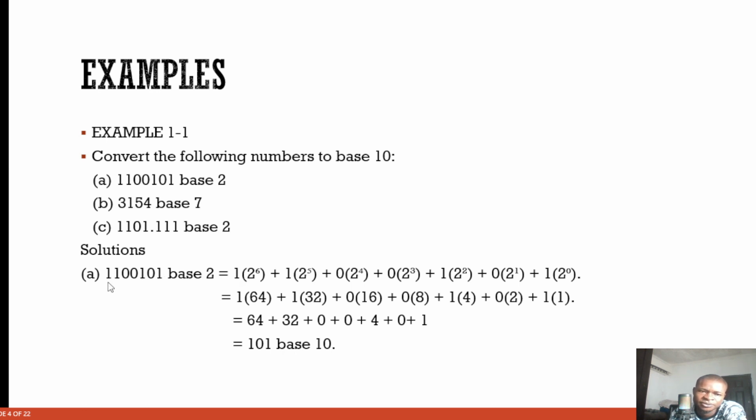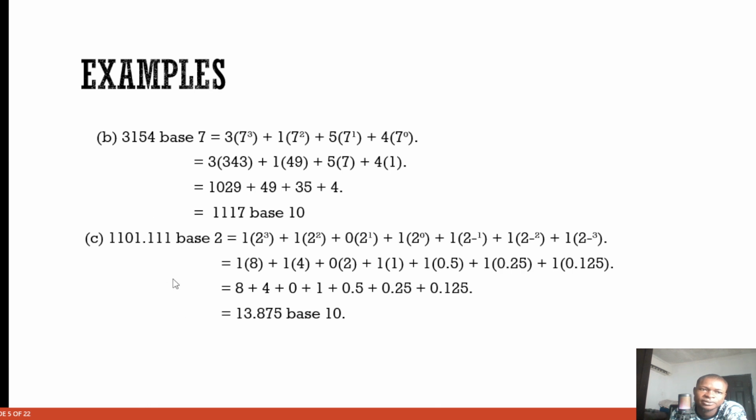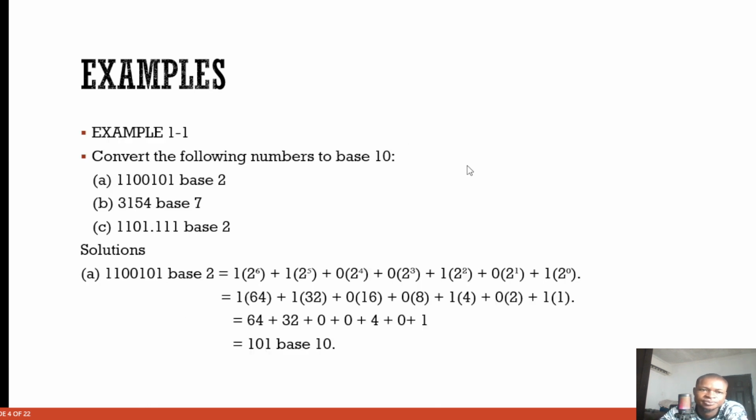We have the first number 1 times 2, which is the base. Now the first thing we do is to put powers here. Let me show you.